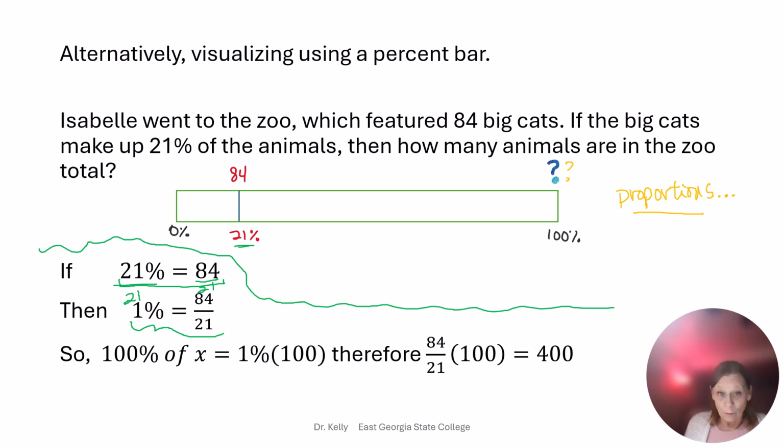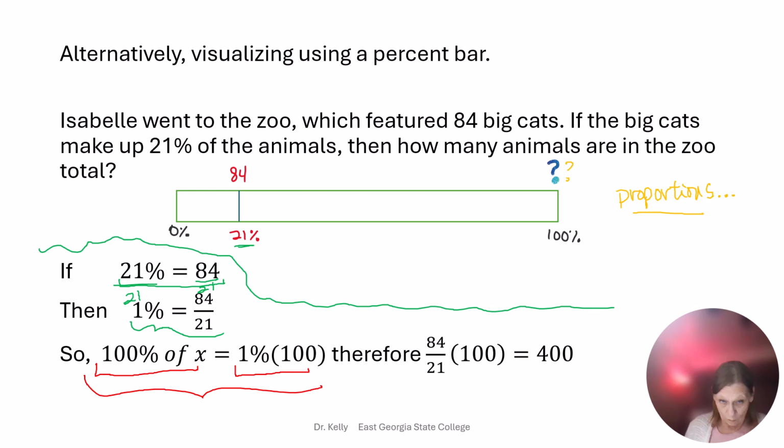And we also know that 100% of x is equal to 1% times 100. Right? If I want to know what 100% of x is, we multiply 100 times 1%.